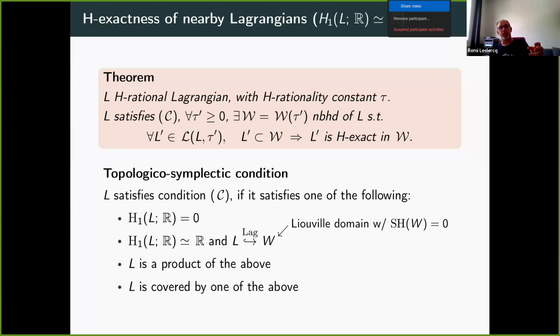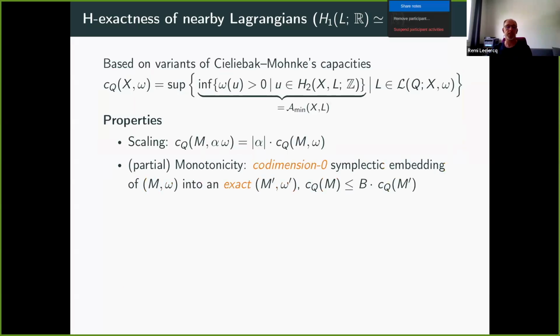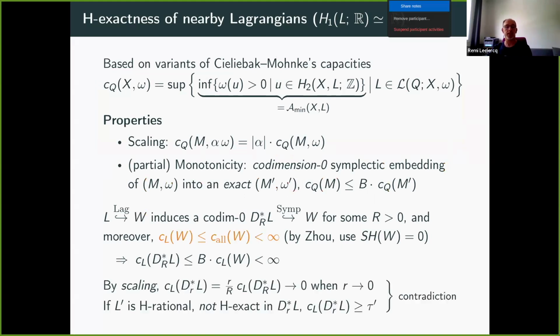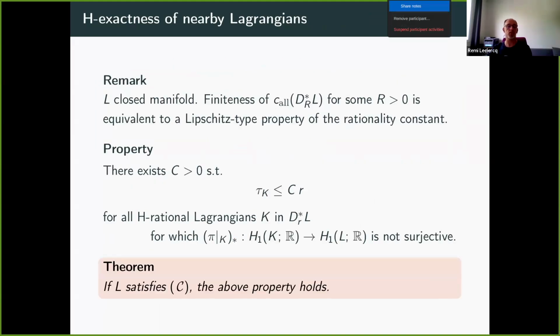And the thing is, this theorem here, sorry, this one, the Lipschitz type property actually goes super well with products and with coverings. It's really easy.